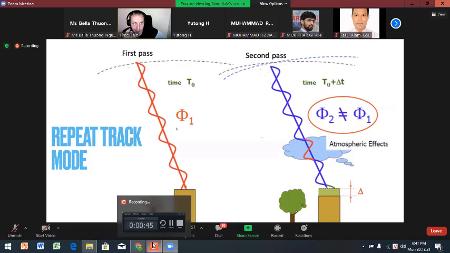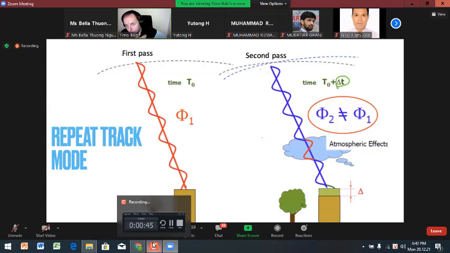That means our satellite is taking an image, and then it's coming back at the same orbit, taking a second image, so that for measuring motion, we need a certain time difference, right? A difference in time.